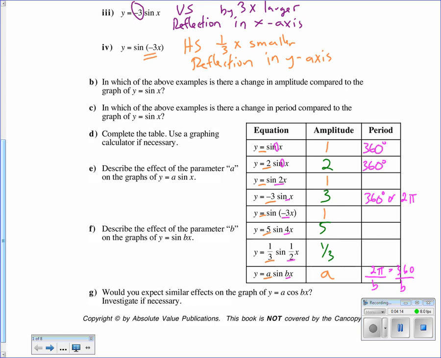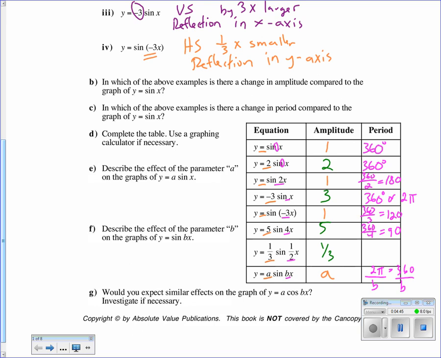And then the rest of them, I have to do a little bit of work. I have to take 360 and divide by 2. Here I'm going to have a period that is shorter, 180 degrees. Here I'm going to have a period that's also shorter, 360 divided by 3, or 360 divided by 4. 360 divided by 3 is 120. 360 divided by 4 is 90.